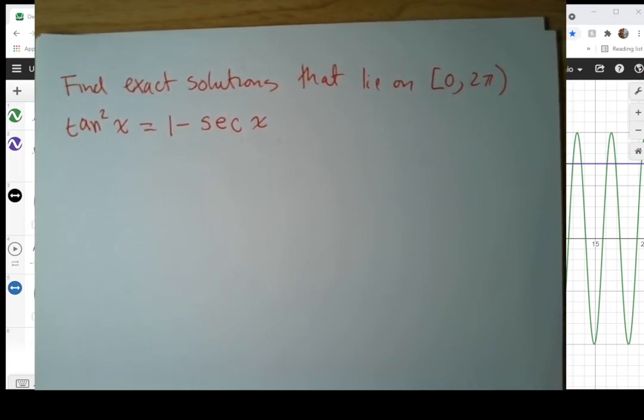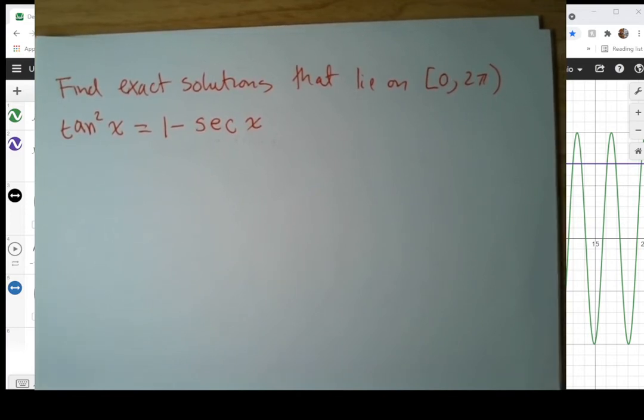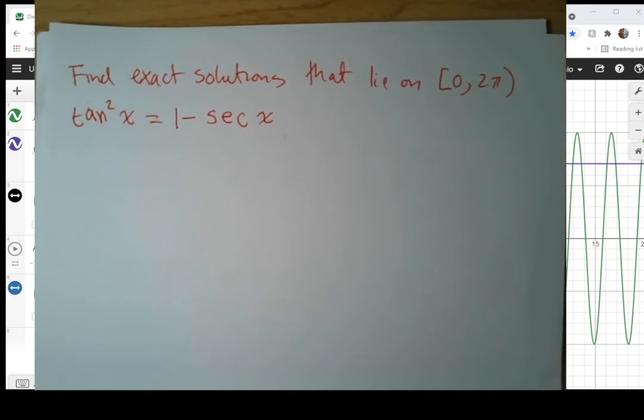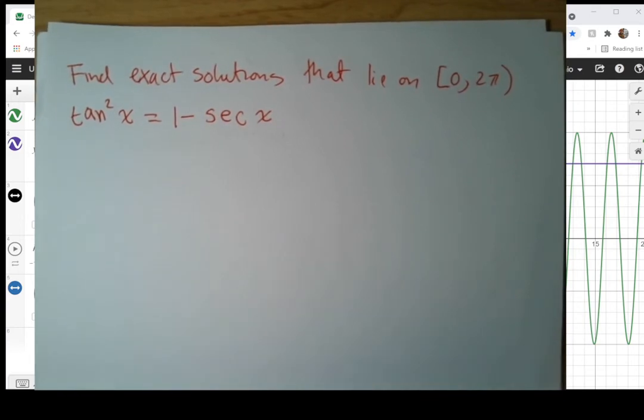If I'm dealing with cosines, I'd like everything to be in cosines. If I'm dealing with tangents, I'd like everything in tangents, etc. That's where I would like to start. Sometimes it's not always the case, but I definitely want to start by trying to rewrite it in terms of just one type of trig function.